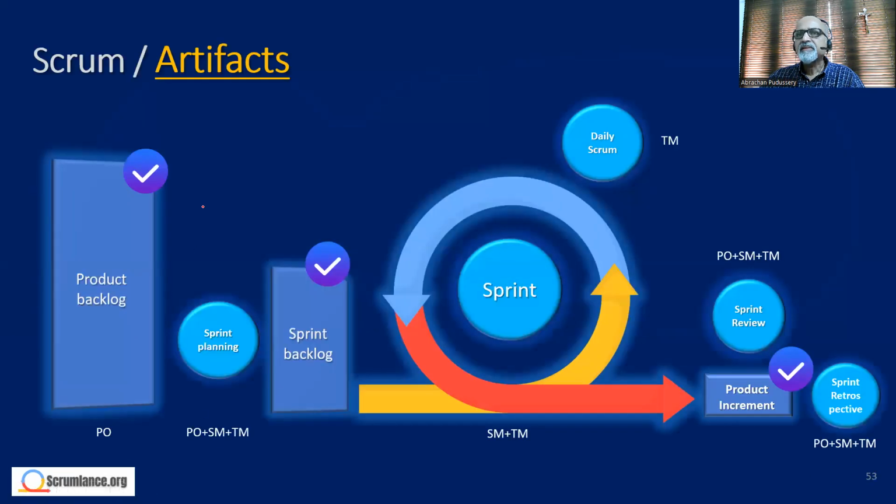And here in this lesson, we'll be discussing the Scrum artifacts. When we say artifacts, we have the product backlog, then we have the sprint backlog, and we have the product increment. So basically in Scrum, we have only 3 artifacts: the product backlog, sprint backlog, and the product increment.